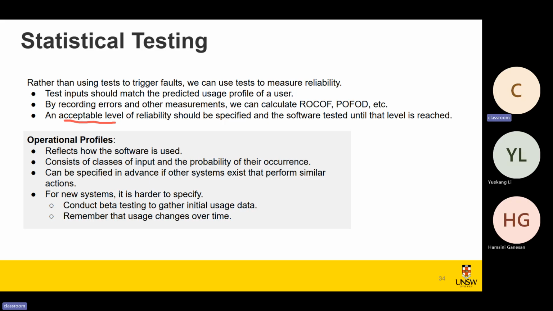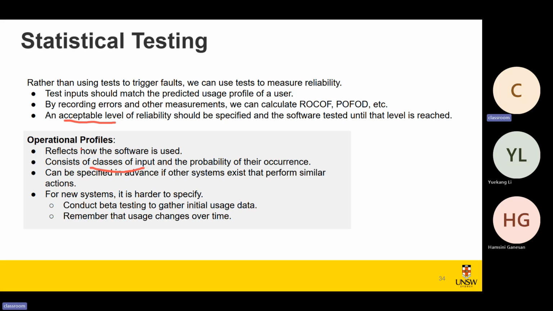They don't use corner case inputs in real life. So when we are testing for reliability, we should make sure that the probability of appearance of different classes of inputs should be similar to how the system is really used in real life. So this is the idea here.